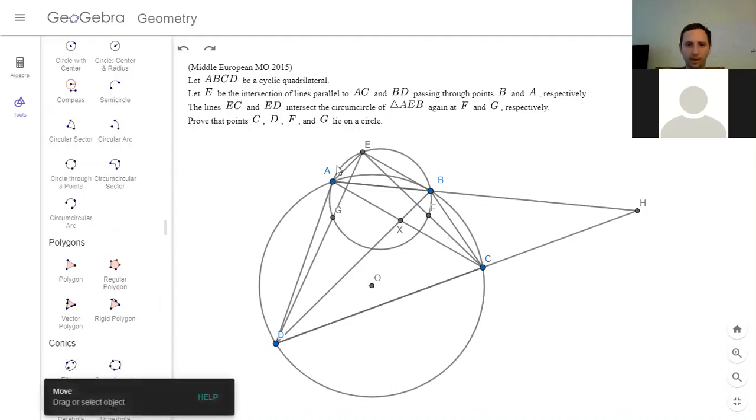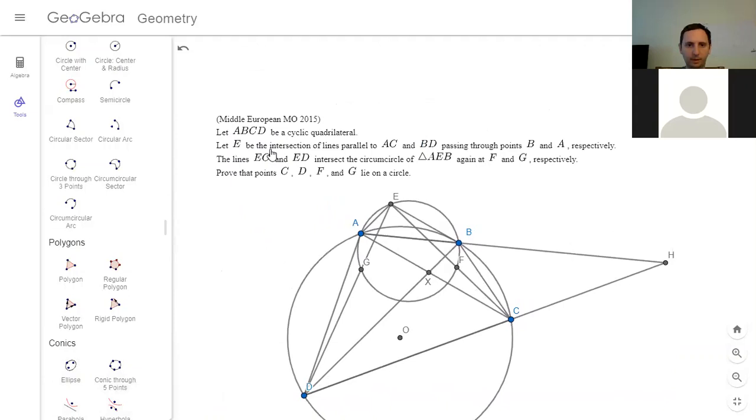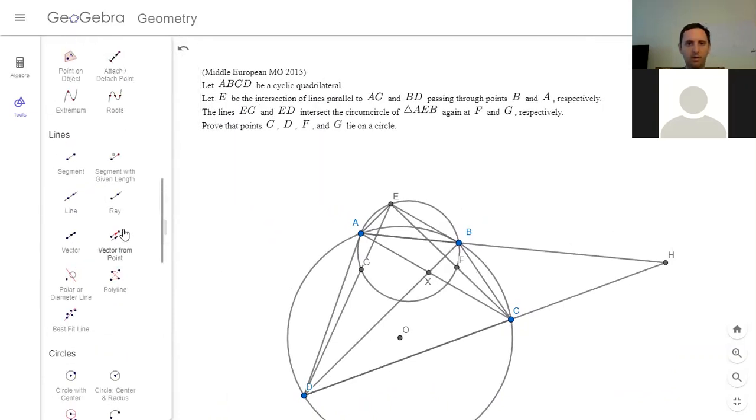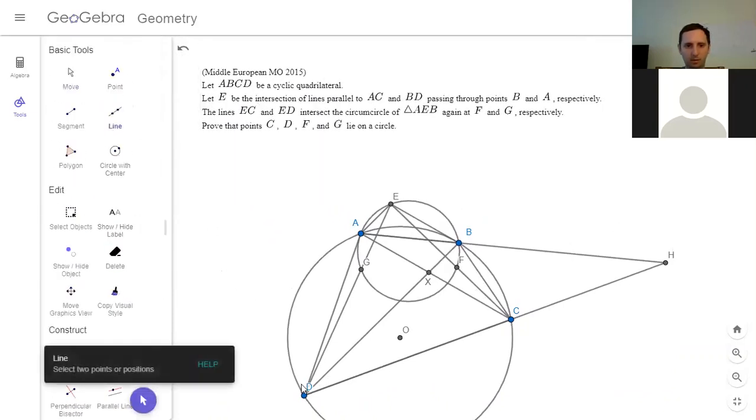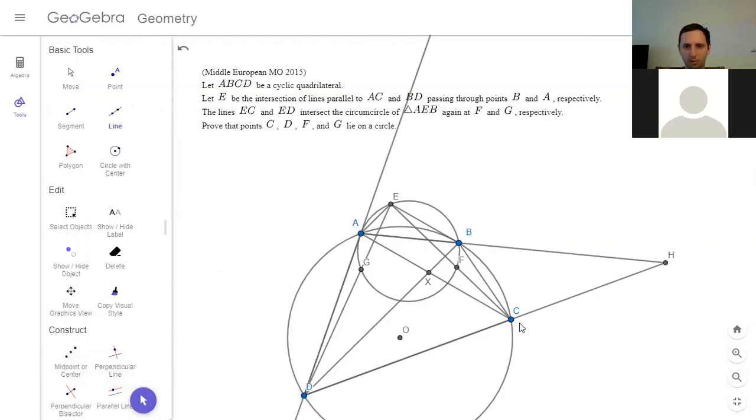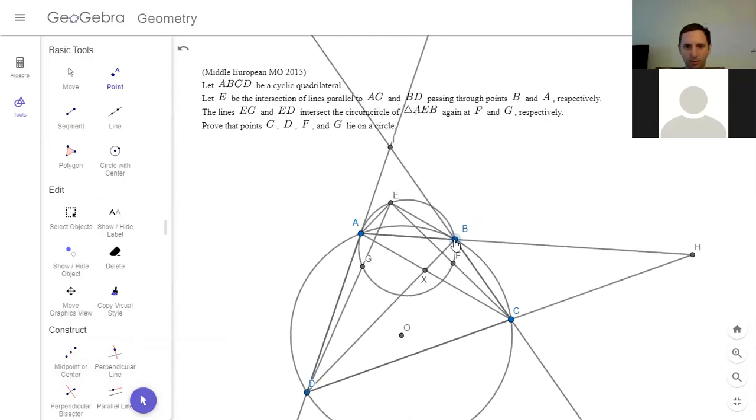If we extend AB and BC, I think that might be useful. Let me try to draw this.